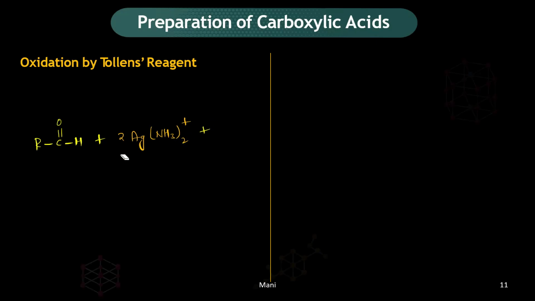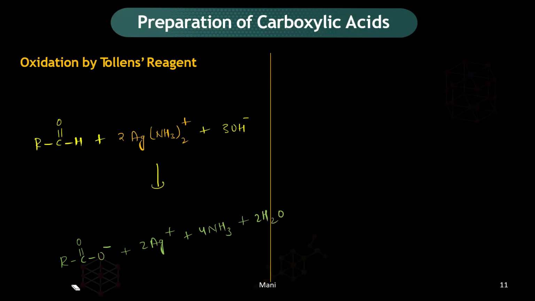We have discussed many times what this Tollens reagent is. Remember this: the aldehyde reacts with the Tollens reagent, with the hydroxyl group, so that it will give the carboxylic acid. It will form the carboxylate, which meets up with H, and there is 2 Ag, and there is ammonia and water.